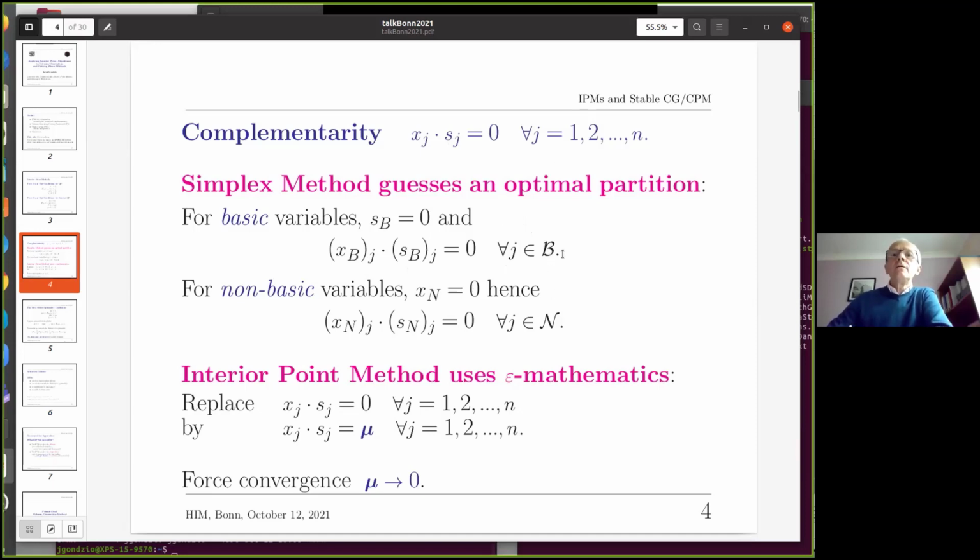Of course, in a more general setting, we may have basic, non-basic, super basic, and so on. But this is the key thing, the need of guessing how to satisfy this condition. Interior point methods do not have to guess, as everybody in this room, I mean in your room, probably knows very well. And they will force zero here by gradually squeezing the barrier parameter mu.